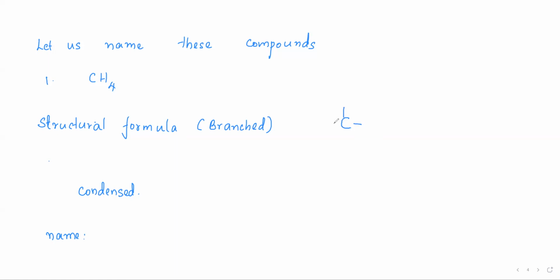Carbon is tetravalent, so represent the four bonds and connect all the four hydrogens around the carbon like this. So this is called the branched structural formula. Okay, so CH4 is the molecular formula. When you show all the bonds present in CH4, it is called the branched structural formula.